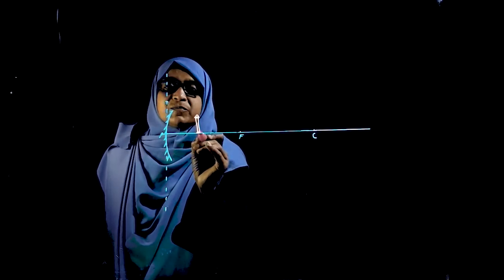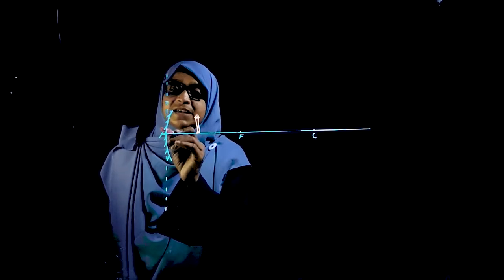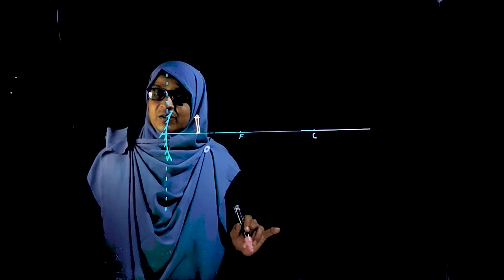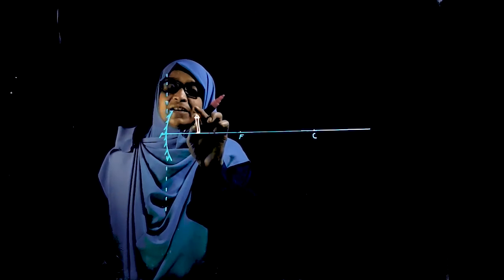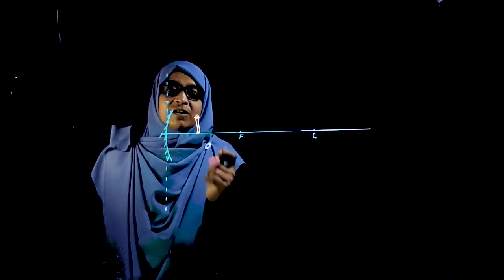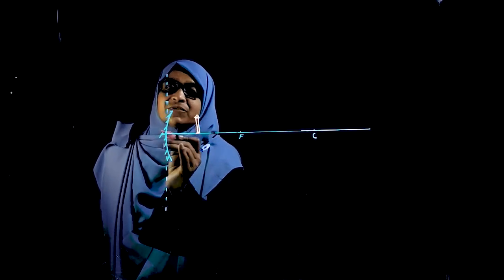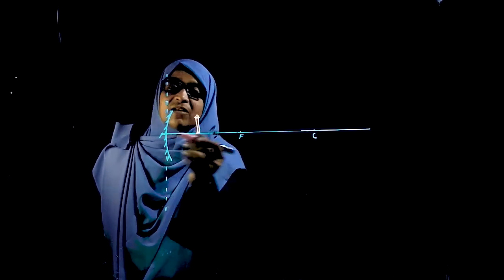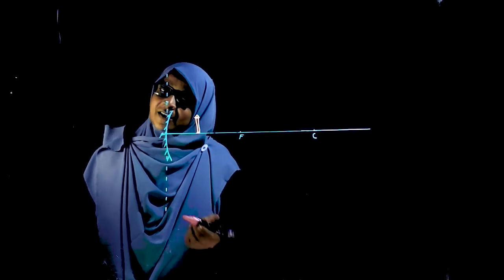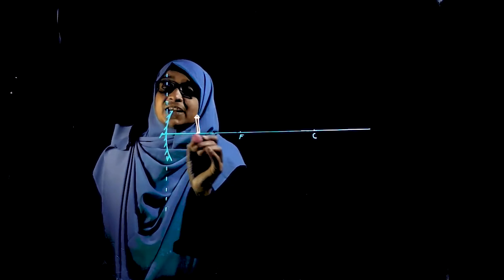The bottom of the object is placed along the principal axis, because to identify the image, the bottom and the top are important. Always the rays from the bottom are along the principal axis, so they are perpendicular rays.